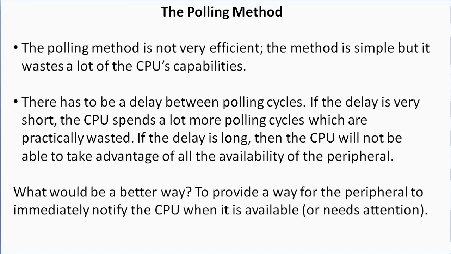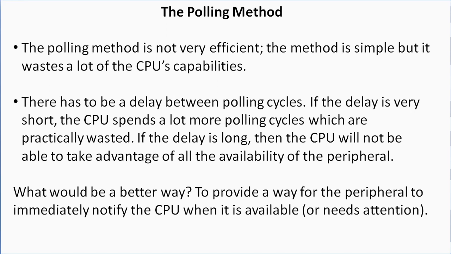And the CPU would be waiting around for a peripheral that is very slow, and that just doesn't make too much sense. Also, there has to be a delay between polling cycles. If the delay is very short, then the CPU spends a lot more polling cycles, which are practically wasted. If the delay is long, then the CPU will not be able to take advantage of all the availability of the peripheral.